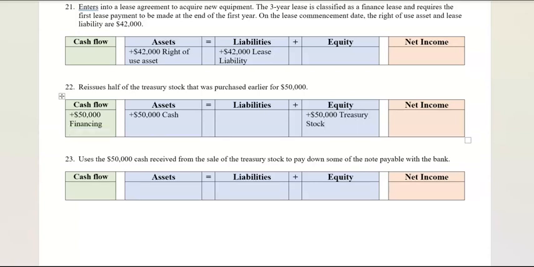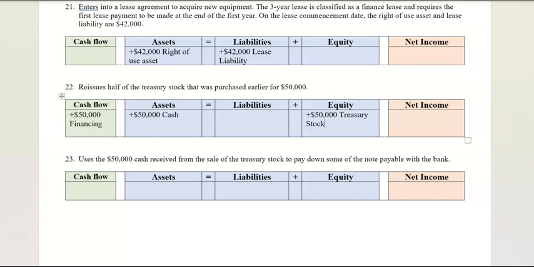Now, if we want to get more specific, if you remember back to intermediate accounting, when we sell our treasury stock, what we technically do is increase the account treasury stock for the cost it cost the company to buy this, which would have been $40,000, half of the initial $80,000. And then we would put that, not quite gain, but that difference that we received in cash over what we paid to buy those shares, we would put that additional $10,000 in another stockholders' equity account called paid-in capital in excess of par treasury stock, or additional paid-in capital treasury stock.